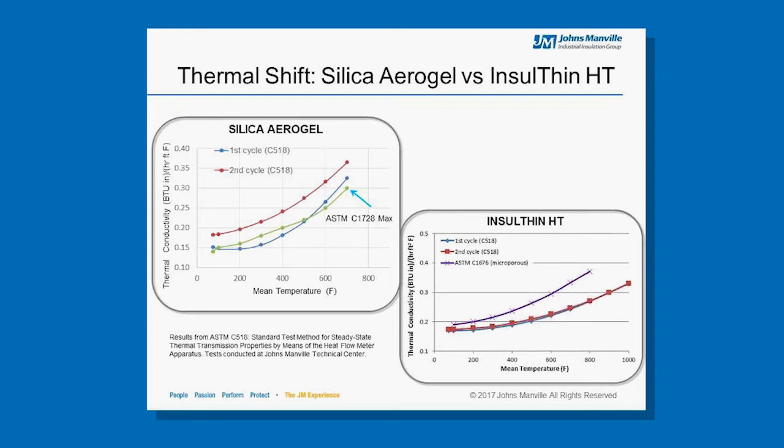This shift makes every K value out of spec for the C1728 product standard. This creates questions with regards to the design of the use of this material in applications where you may need more insulation than you currently have designed.